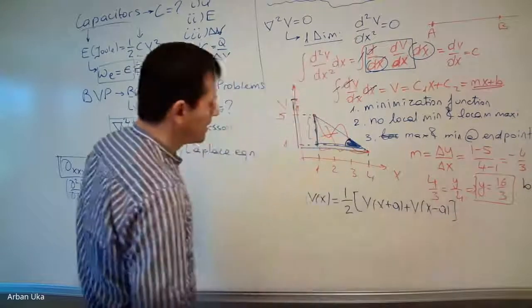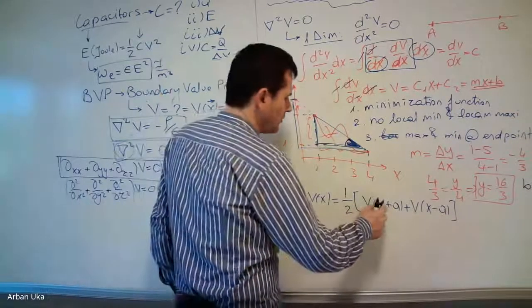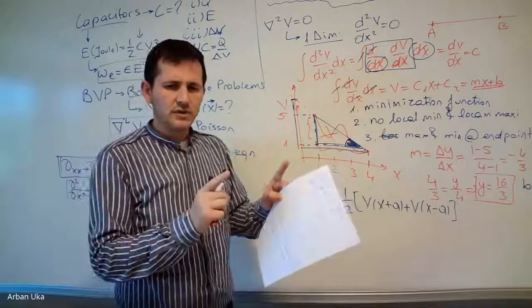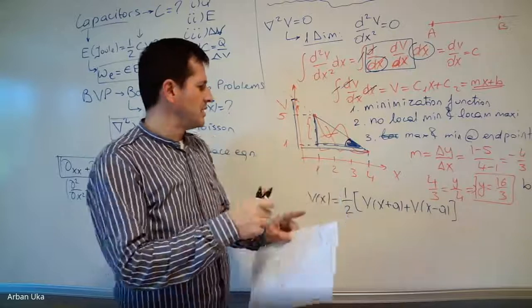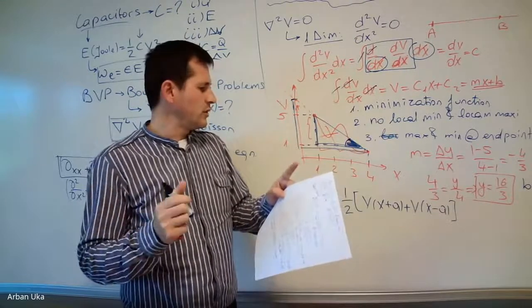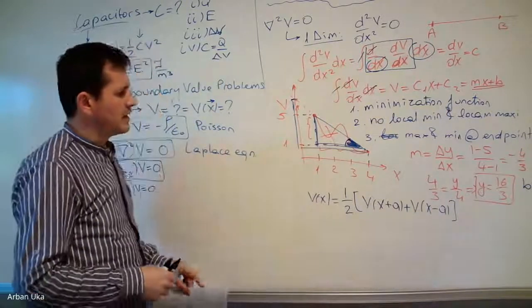So this is like the averaging of a function, but when we find the average, we use 2 points. If we're interested in a point in the middle, it will be the average of 1 point to the right and 1 point to the left, add them up, divide by 2.